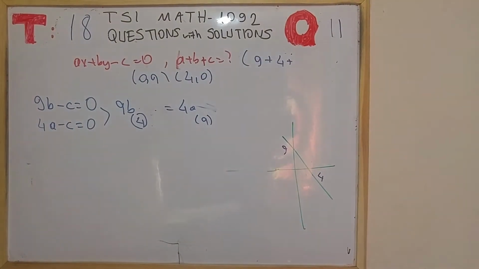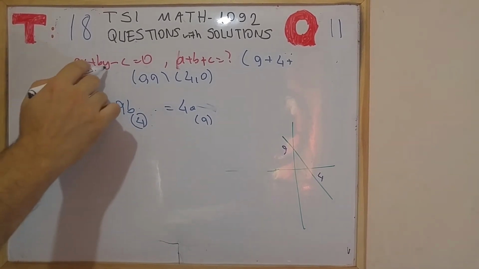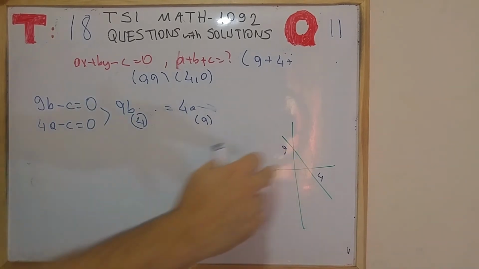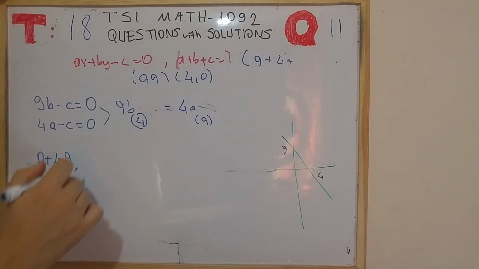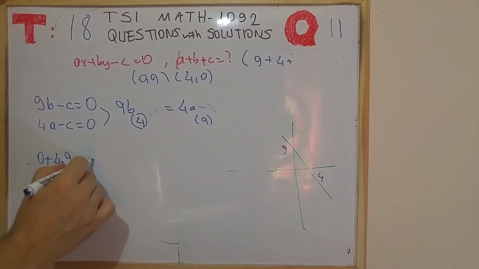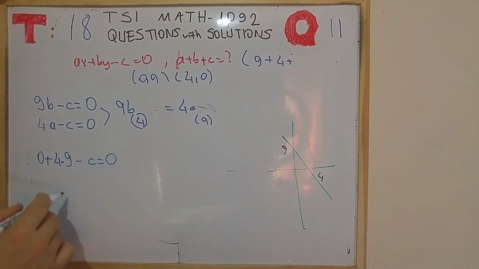Now I need to find c out. The function is in the form of this. So let's take one of these points, say the first one, 0, 9. At that point, x is equal to 0. So 0 plus 4 times 9, where y is equal to 9, minus c is equal to 0.